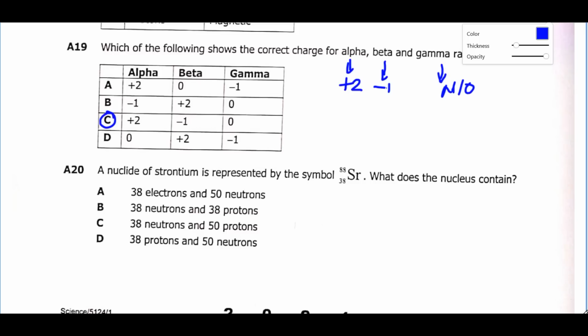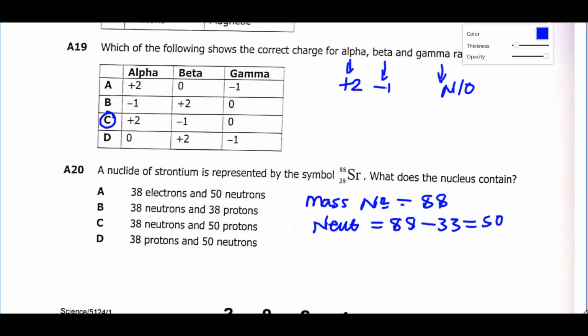A nuclide of strontium is represented by this. What does the nucleus contain? The mass number is 88. Can we find the neutrons? Yes, we can. Neutrons is equal to 88 minus 38, giving us 50. What of protons?